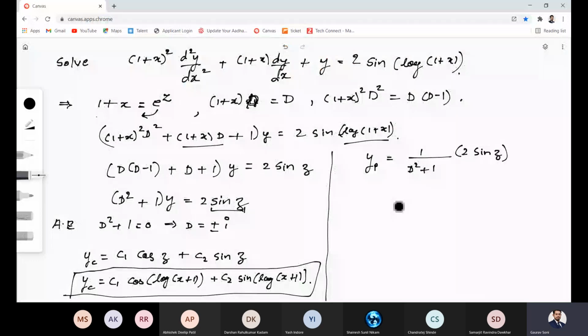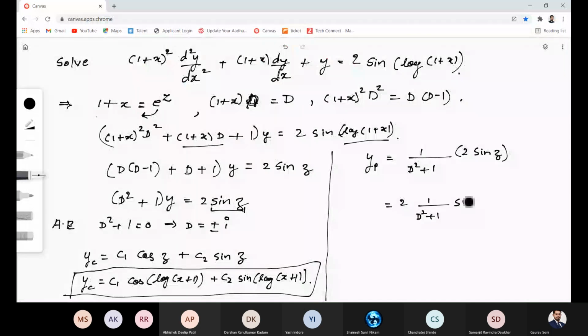Minus 1 plus 1 will become 0. So in case of failure, take the derivative. Okay, so this 2 will get cancelled out. Integration of sine z is minus cos z.